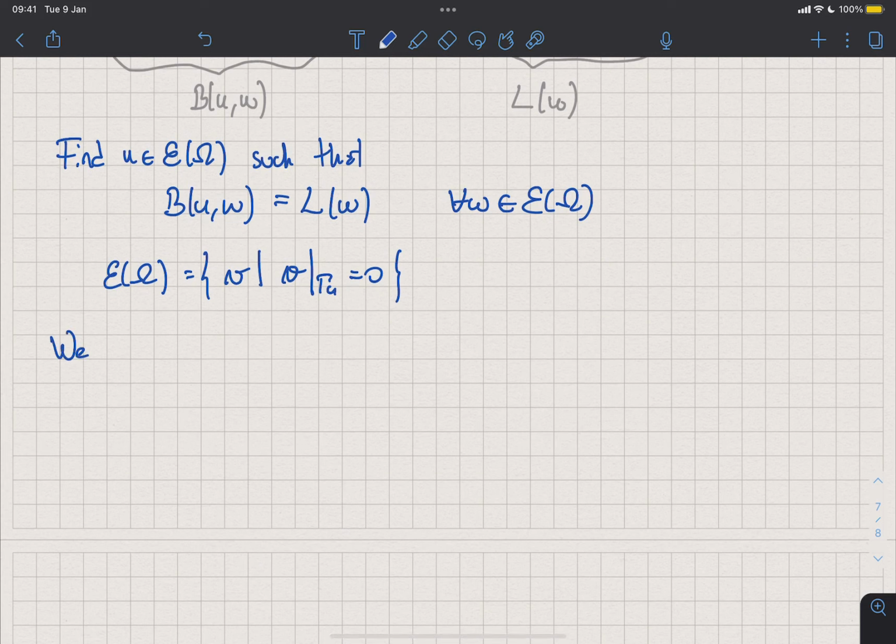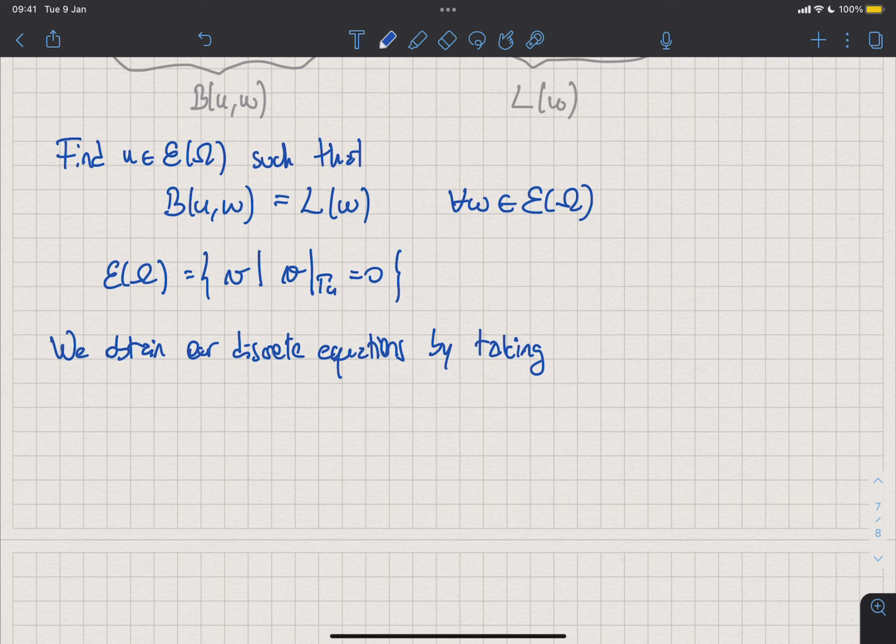So I'm not going to repeat all that because it's obvious, but I'm going to just say here, we obtain our discrete equations by taking UH, WH belonging to some VH, I'm going to call it, that of course is a subspace of my energy space. And then find UH, let's call it like this.